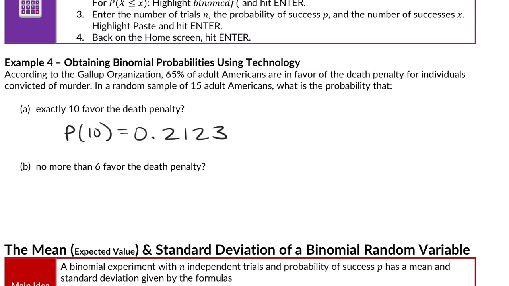That cell said equals the binomial distribution of 10 out of 15 trials with 65%, but false because I'm not doing cumulative. That's what that cell was giving me. That's the formula.